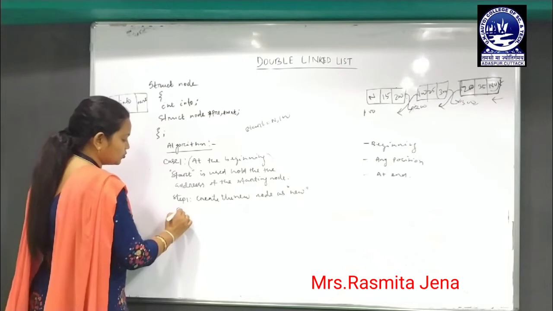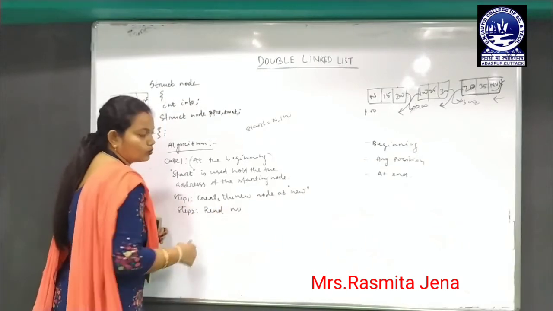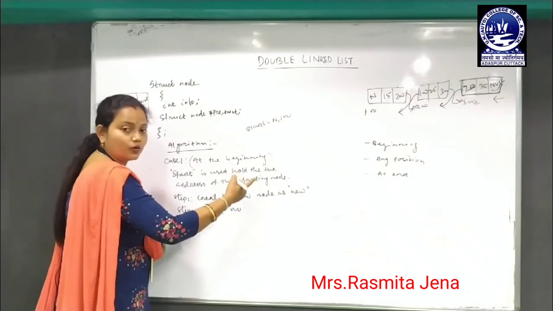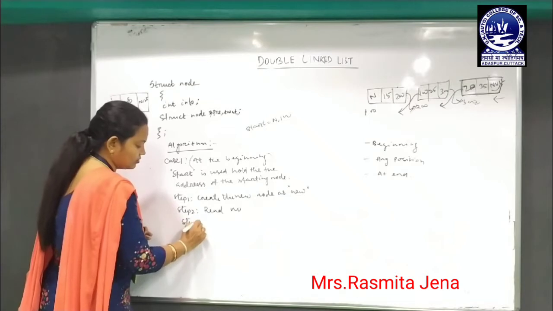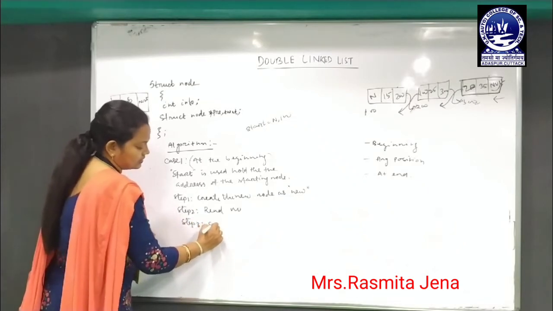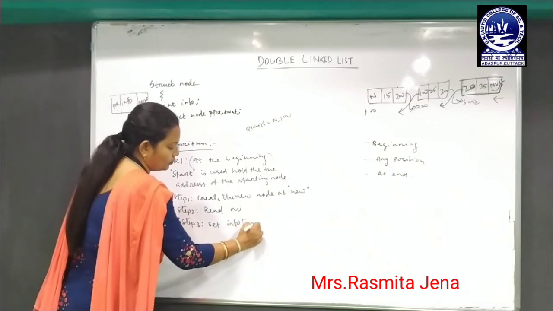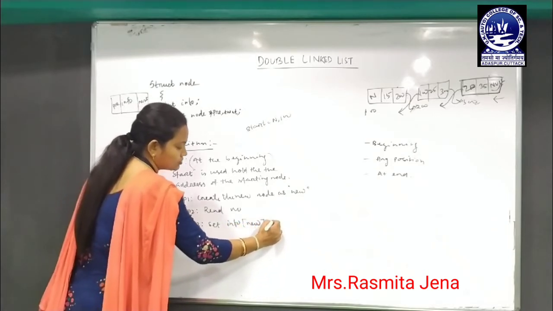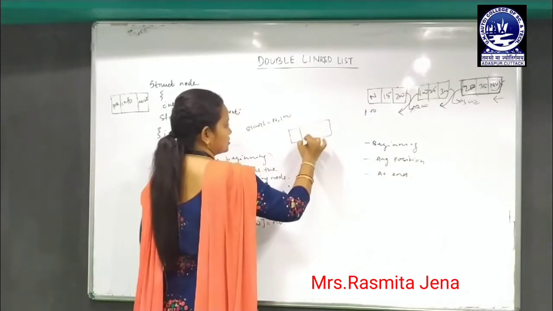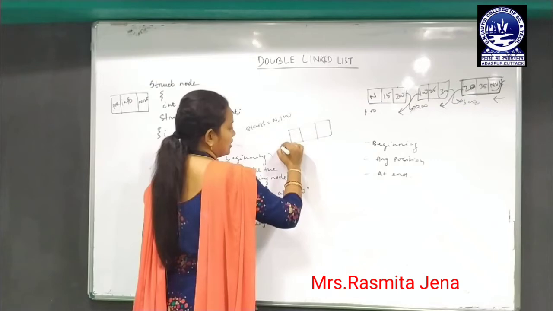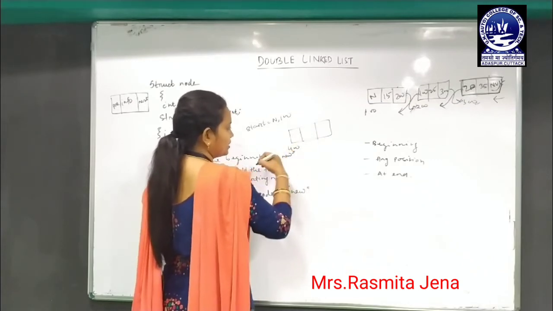So in step 2, read the value of NO which will be stored at the info part of the new node. So in step 3, set info of new equals to NO. When the node is created, this will be the structure, and suppose this is created at 400 location which will be pointed by the pointer new.